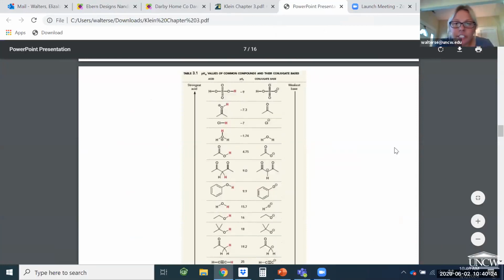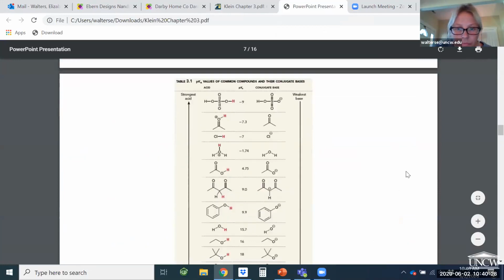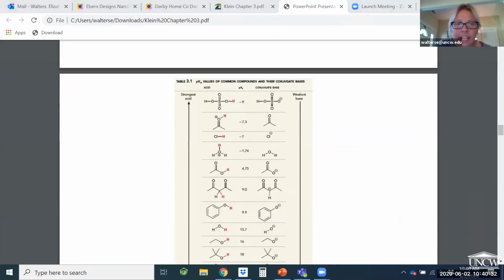Right. So we're going to start at the top here, and this is from your text. If you look up here, you have sulfuric acid, a protonated ketone, which you don't need to worry about quite yet, but HCl is up there. This is your strong acid region. So you can tell sulfuric acid is a stronger acid than HCl.